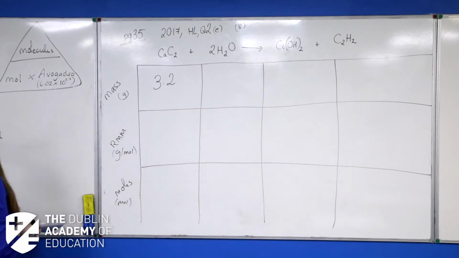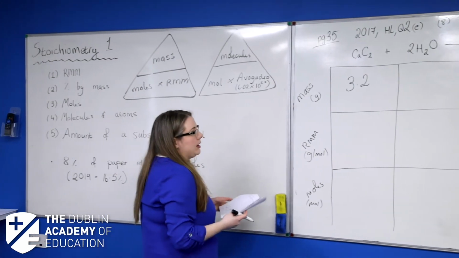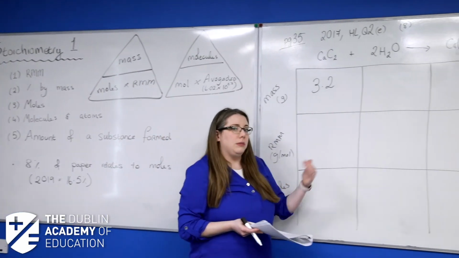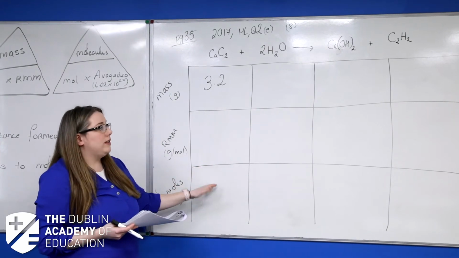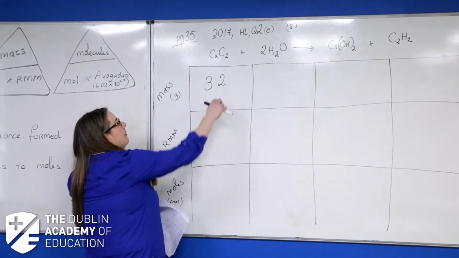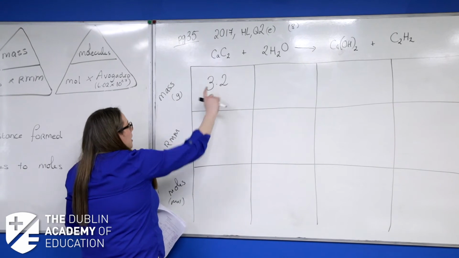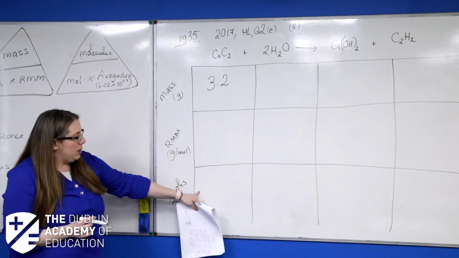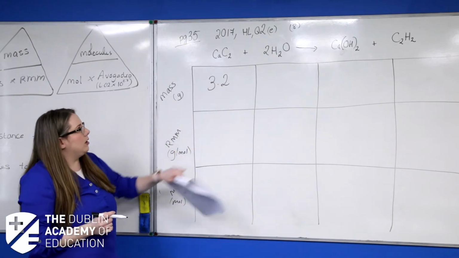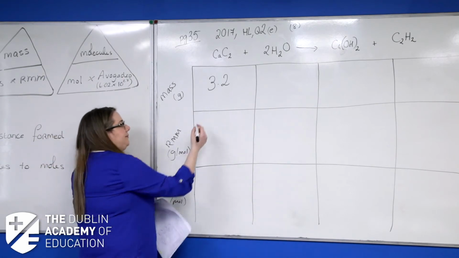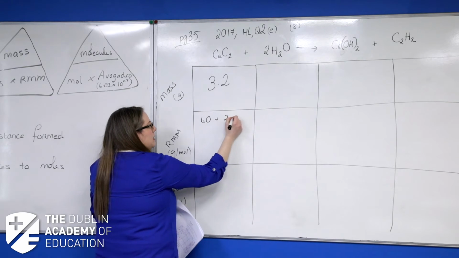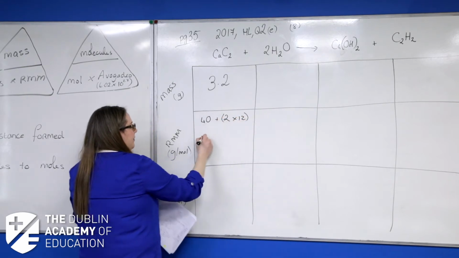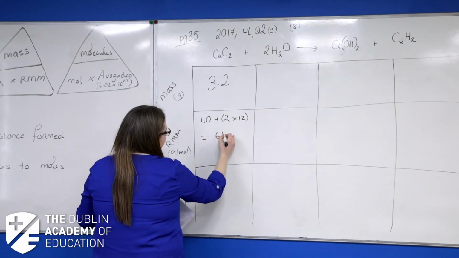Now this goes back to here. We need to work out molecules. But to get molecules, we need moles first. So to start off with your table, no, you're not going to need to fill in all of it, but it's good practice to draw it anyway. So let's start with our calcium carbide. To get the number of moles of calcium carbide, we need the RMM first. So calcium is 40 plus 2 times 12, which is 64.